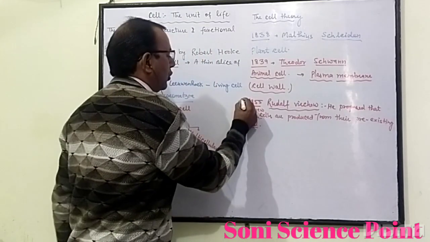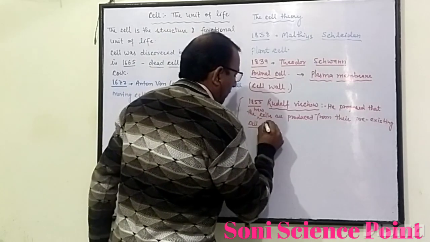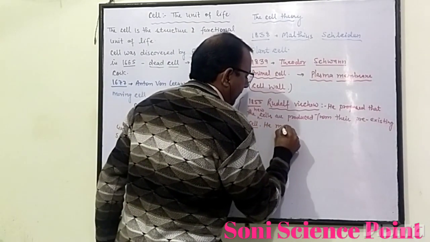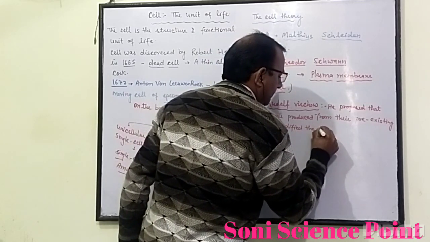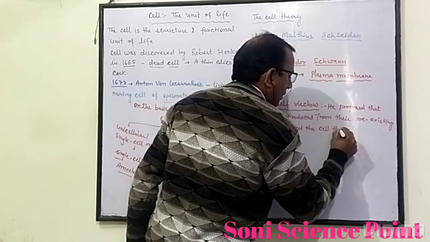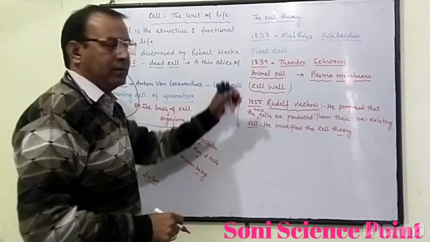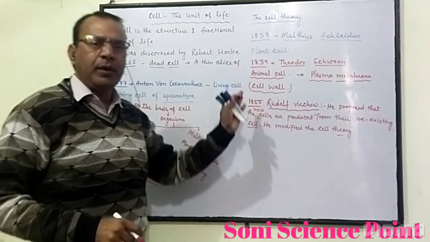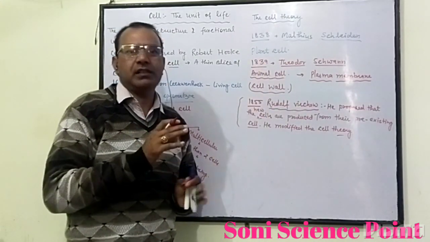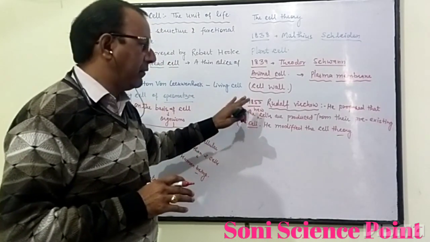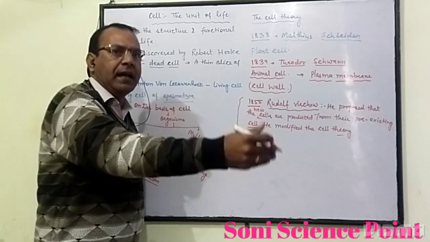So we can say that the cell theory was modified by Rudolf Virchow, because the above scientists only showed that plants and animals are made up of cells, but they did not show how new cells are produced. In 1855, Rudolf Virchow proposed that new cells are produced from pre-existing cells.